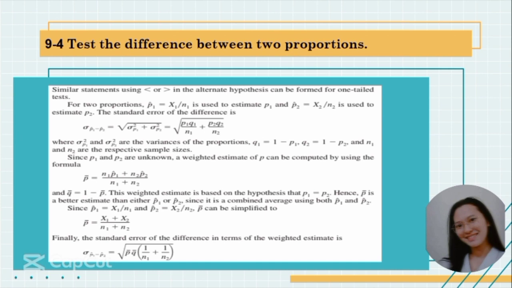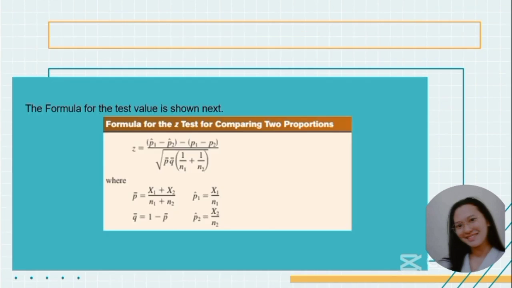Since p hat sub 1 equals x sub 1 over n sub 1 and p hat sub 2 equals x sub 2 over n sub 2, p bar can be simplified to the formula below. Finally, the standard error of the difference in terms of the weighted estimate is as you can see in this formula. The formula for the test value is shown next.